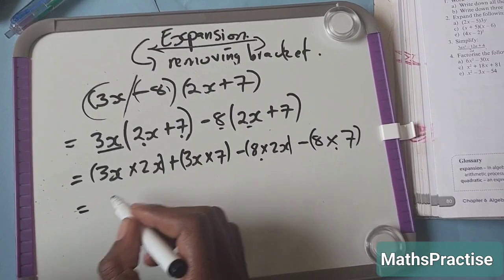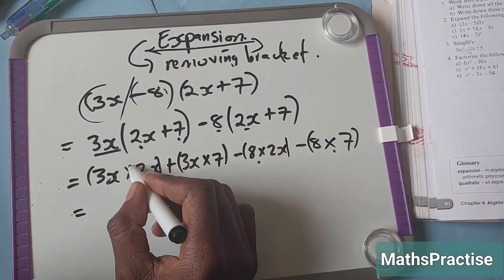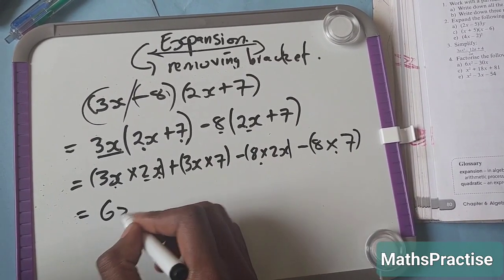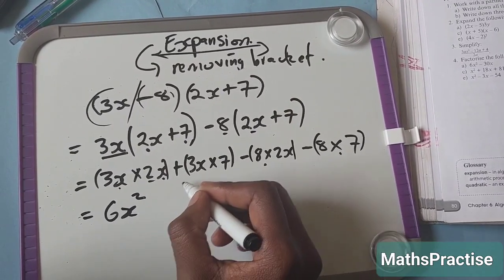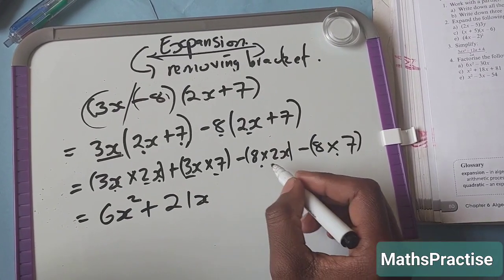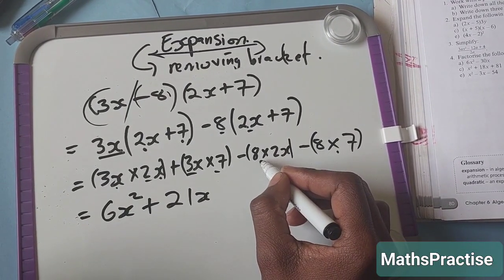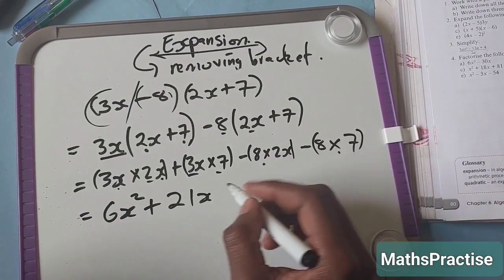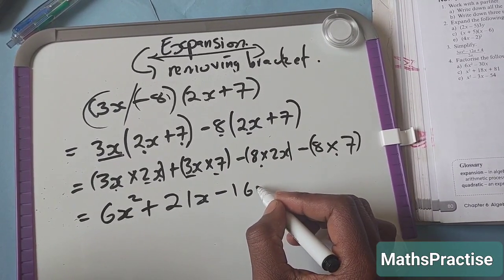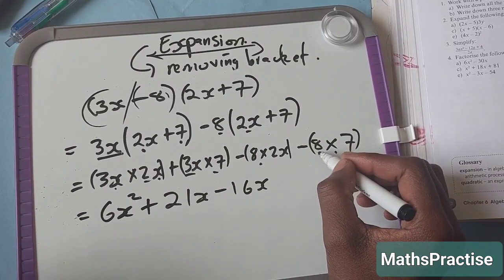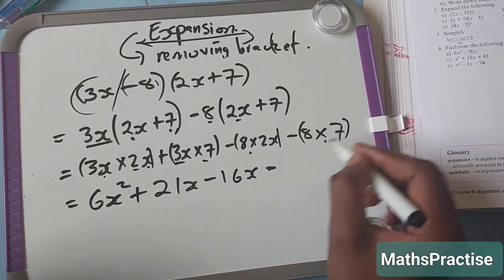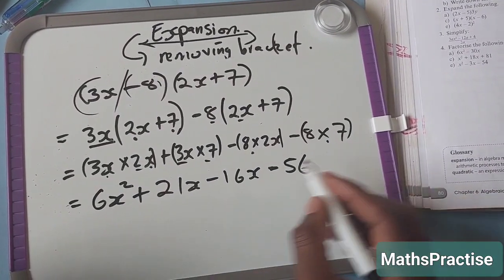Then we continue to simplify further. We have 3x times 2x, it gives us 6x squared, plus 3x times 7, that's 21x. Then we have minus 8 times 2x, it gives us minus 16x. Then we have minus 8 times 7, which gives us 56, so we have minus 56 there.